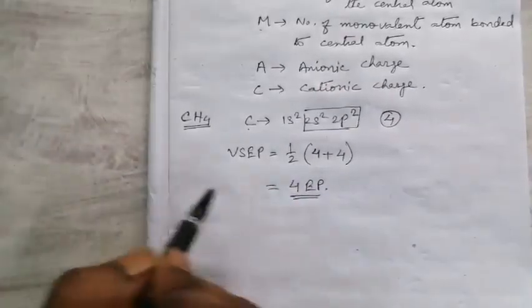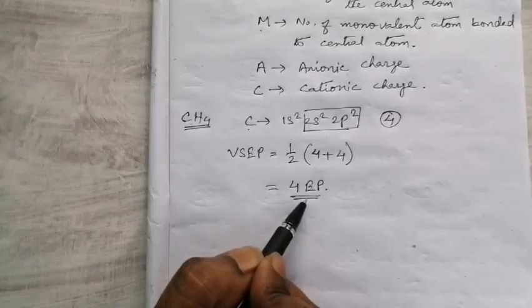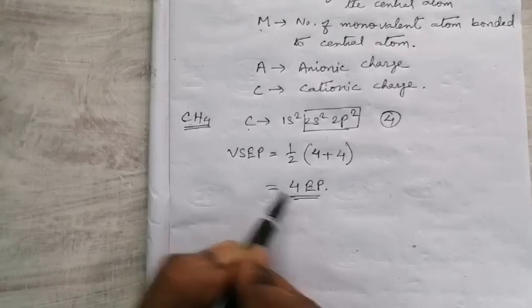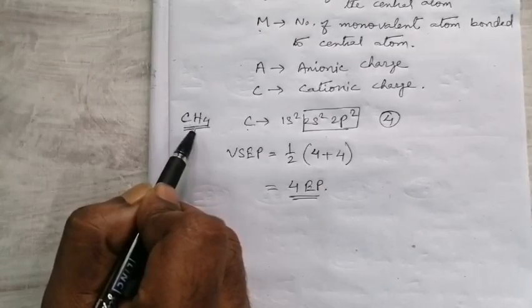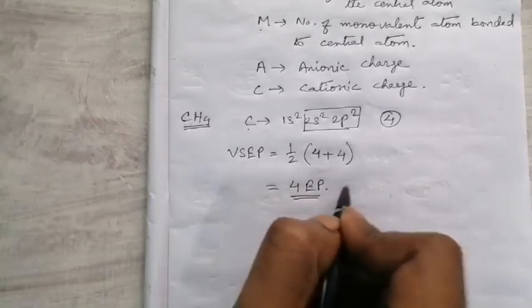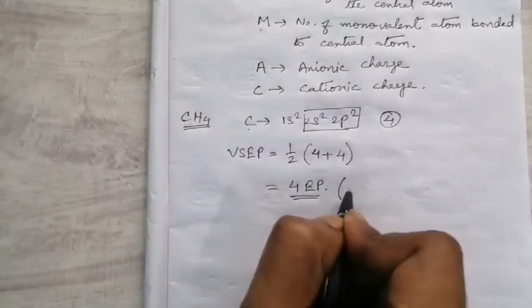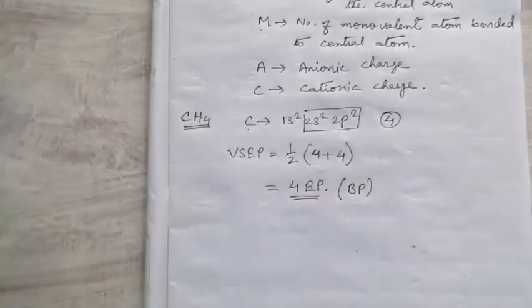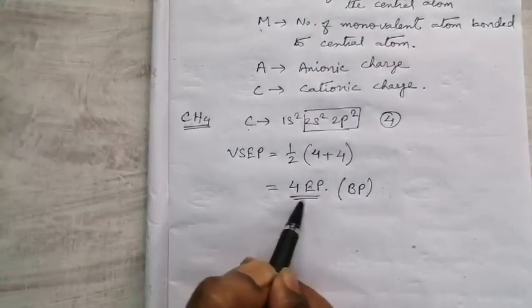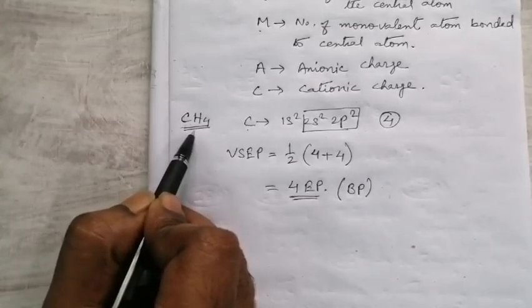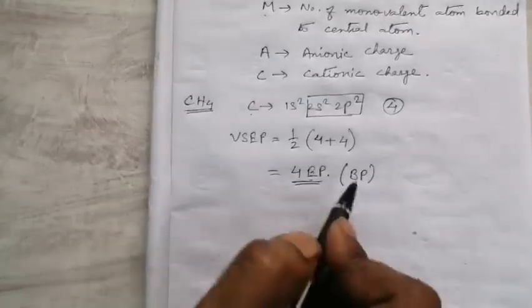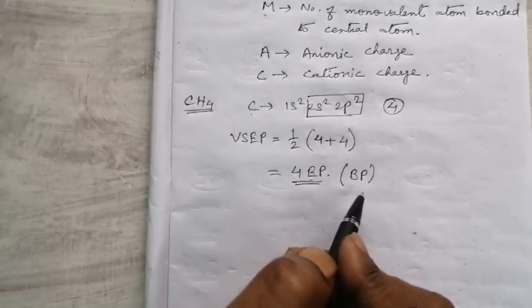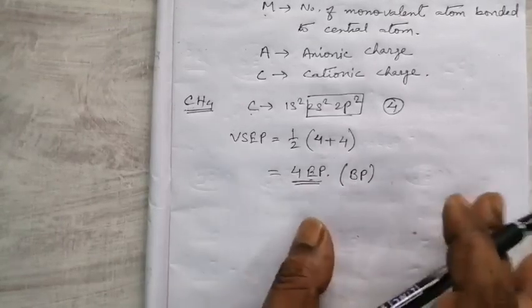Now the question is, the 4 electron pair, are they all bond pair or lone pair? Carbon is bonded to 4 hydrogen. That means it is forming 4 bonds, so all the electron pair are bond pair. There is no lone pair. When all are bond pair, the geometry of the molecule is regular.